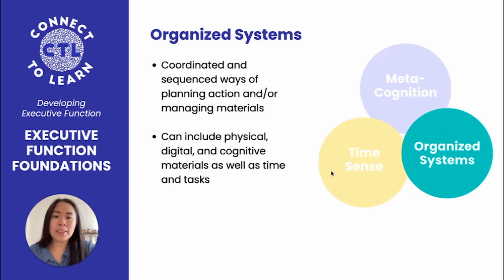Somewhat similarly to time sense, the specific systems or organizational tools are not the priority. There are no perfect tools, especially given that organization itself is largely subjective. Instead, we're trying to strengthen systematic thinking and problem solving, the ability to process, sequence, categorize, and prioritize different pieces as part of a larger goal or objective.